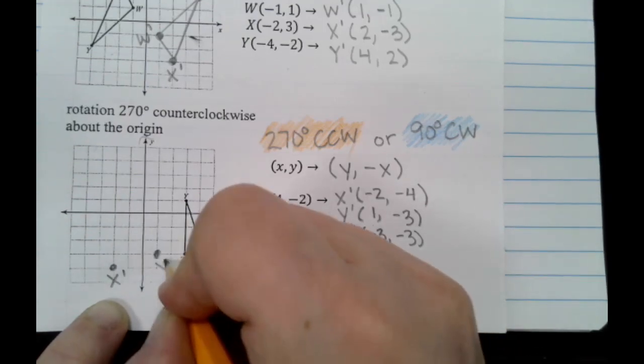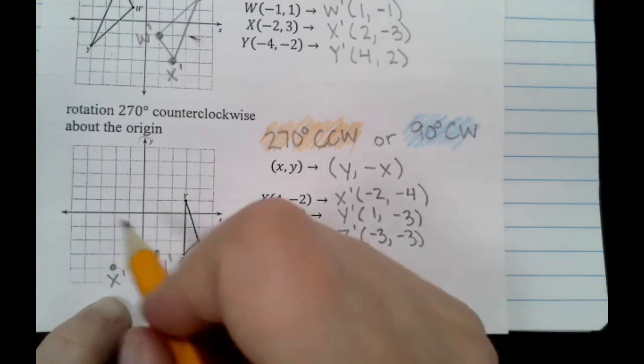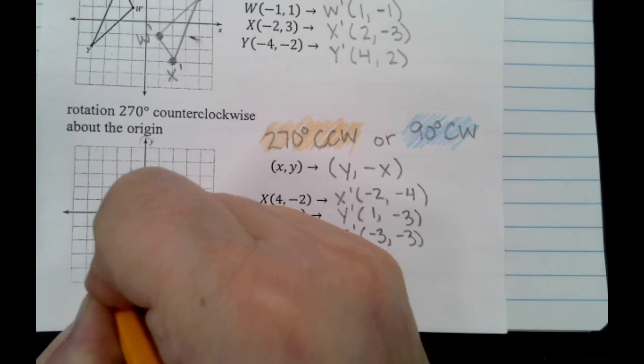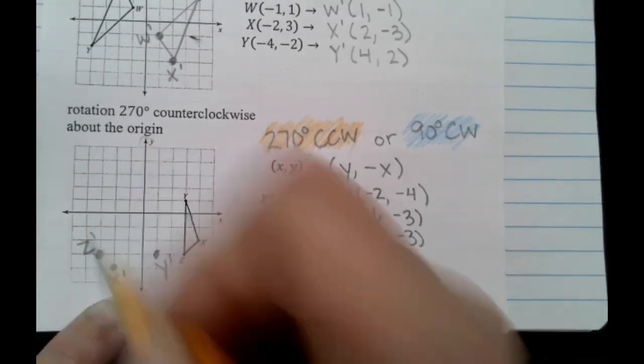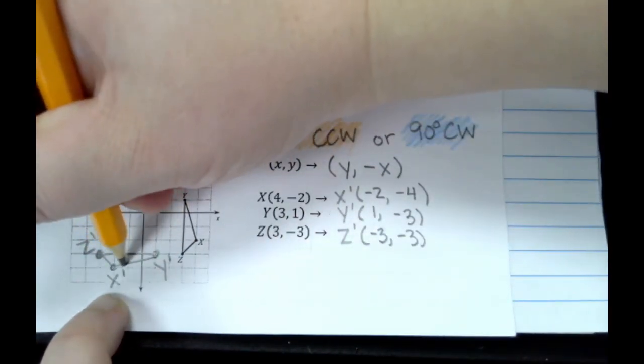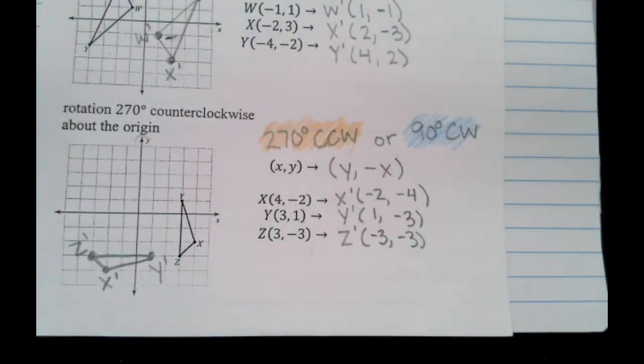That's right. Z prime is -3, -3, so left 3, down 3. And remember, as we do these rotations, reflections, translations, our shape shouldn't change size, and it shouldn't change how it looks.